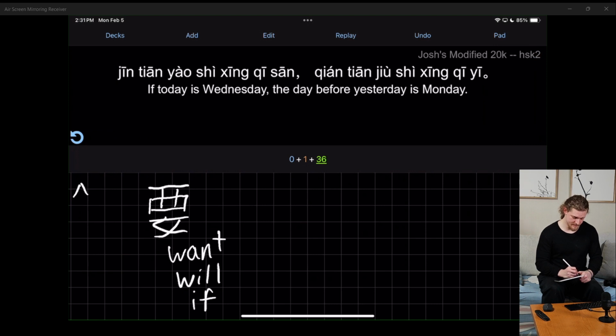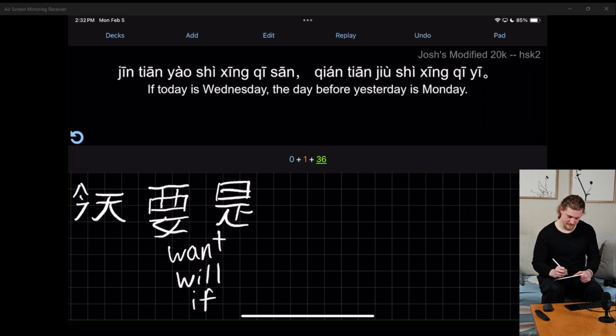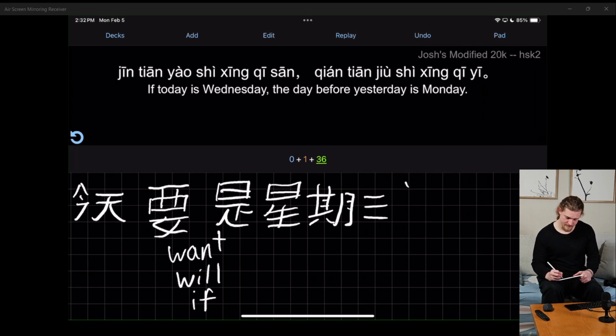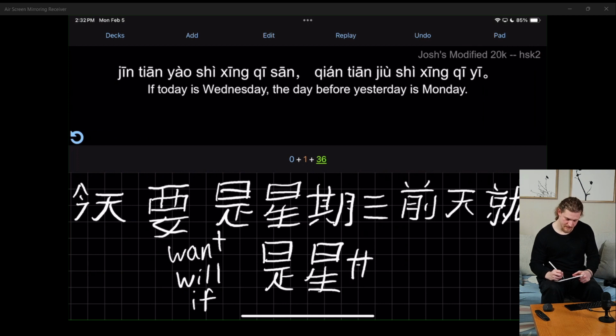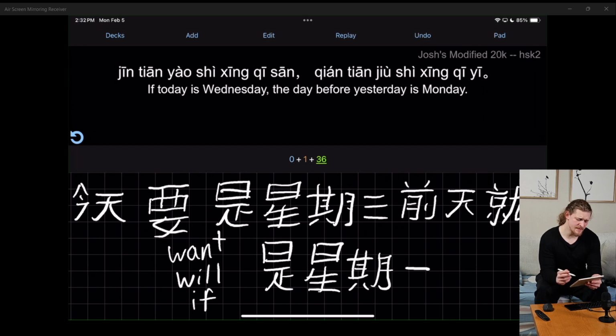So we say 今天要是星期三前天就是星期一。So, we have today, if is, week 3.